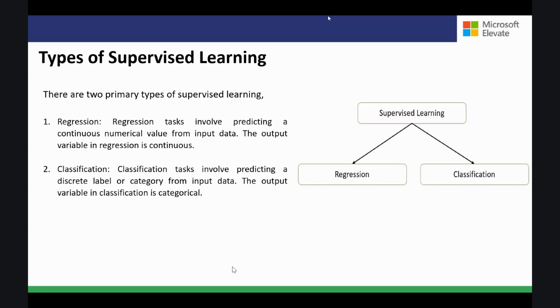Linear regression? Logistic regression? Guys, in a regression problem. This is the reason I wanted to ask you this question. What is the difference between linear regression and logistic regression, guys?